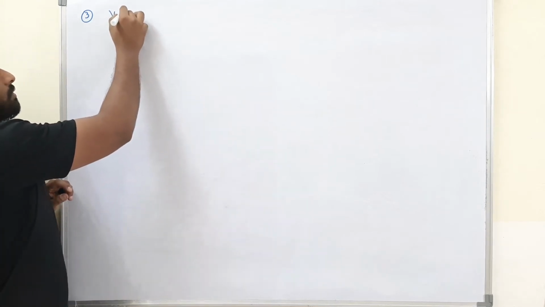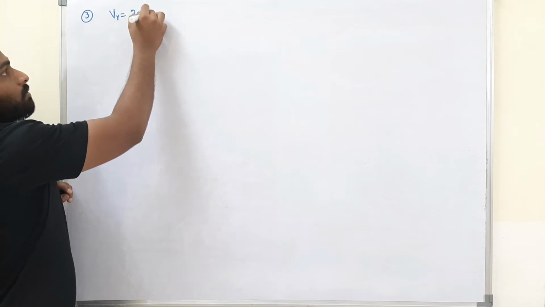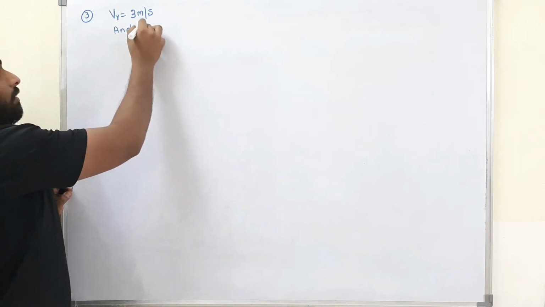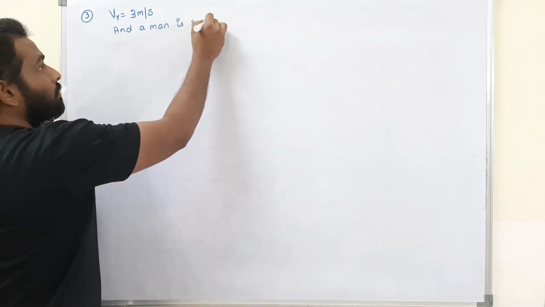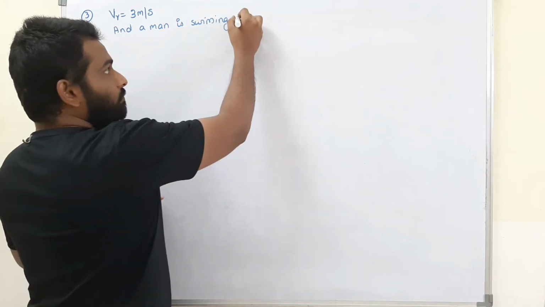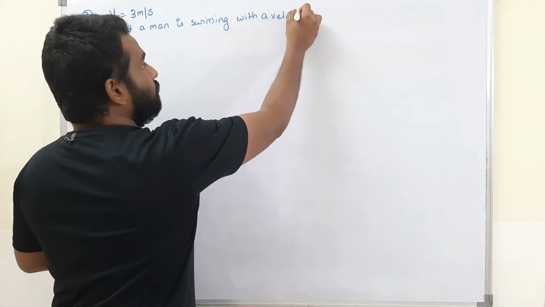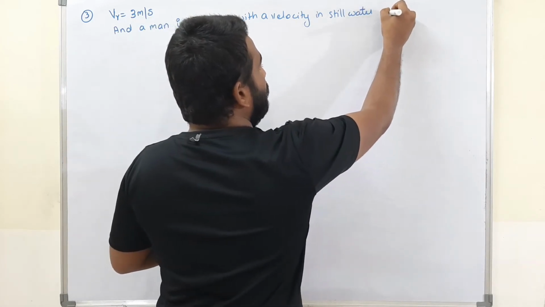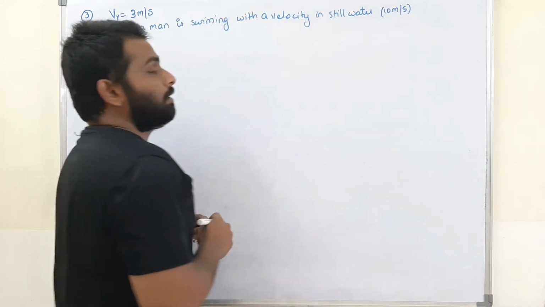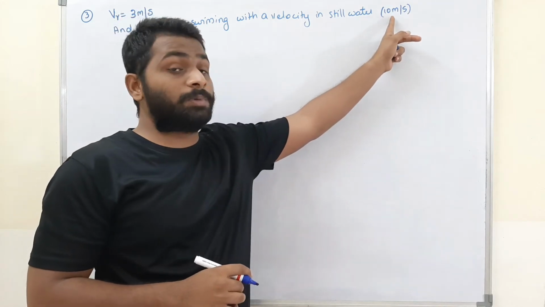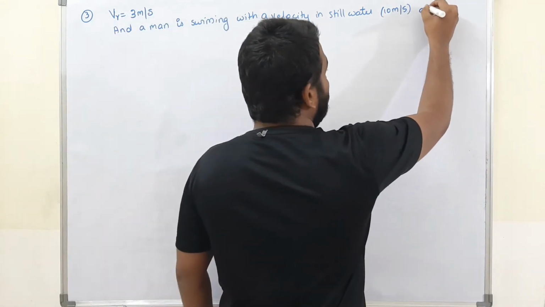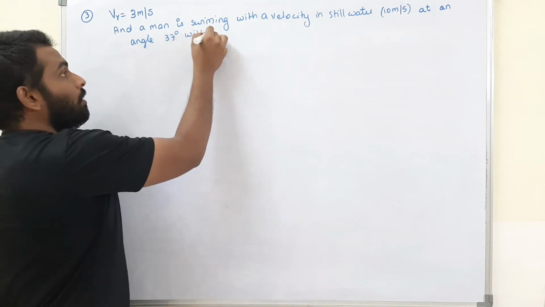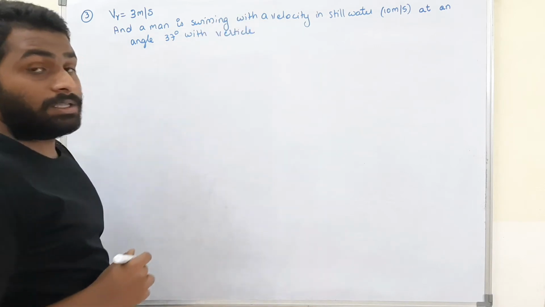The velocity of the river is 3 meters per second, and a man is swimming with a velocity in still water of 10 meters per second, at an angle 37 degrees with vertical.